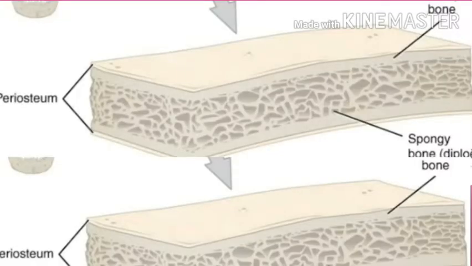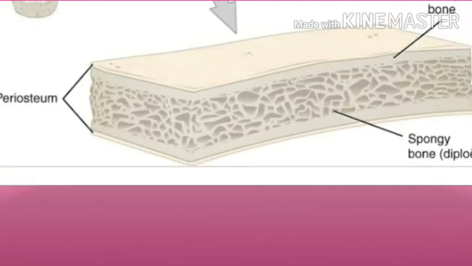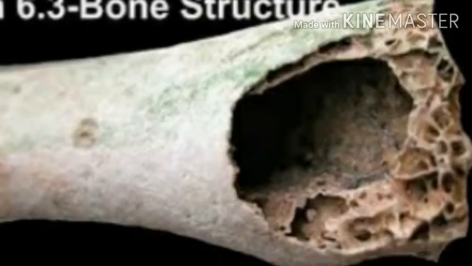Like cartilage, there is a membrane that covers the bone, called periosteum. The matrix of bones is filled with carbonates and phosphates of calcium and magnesium.